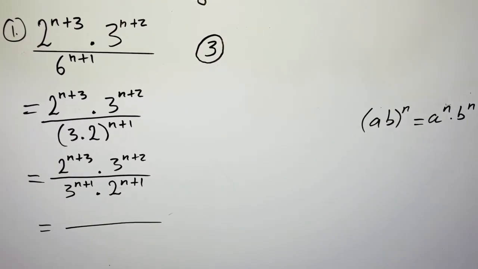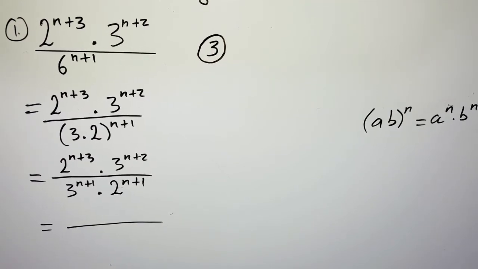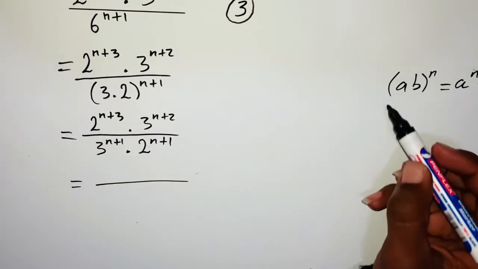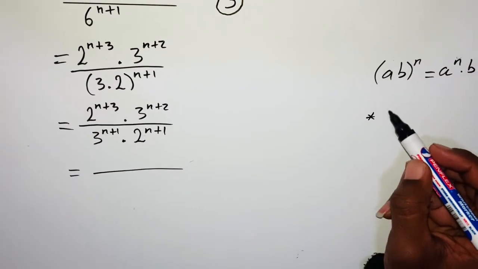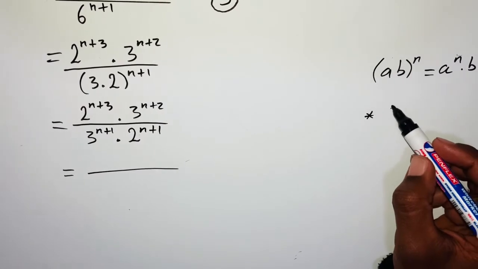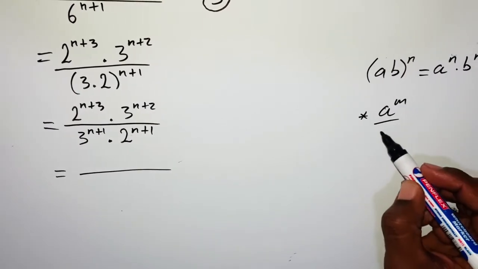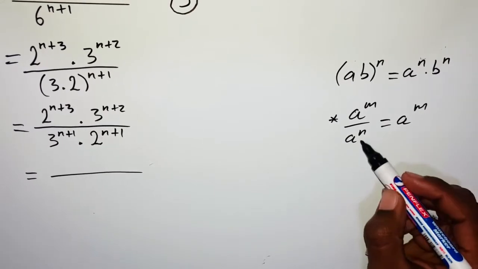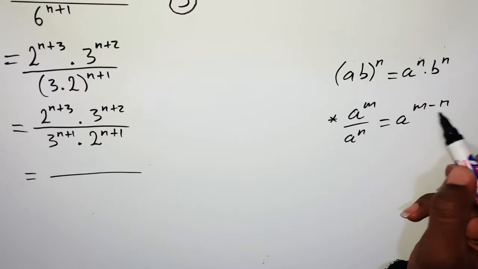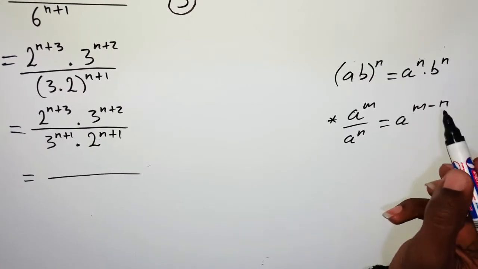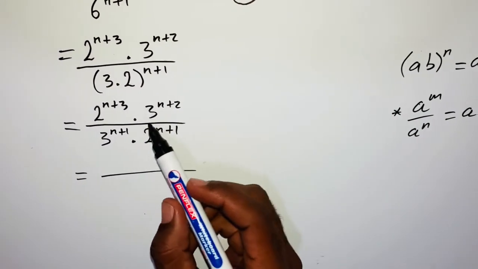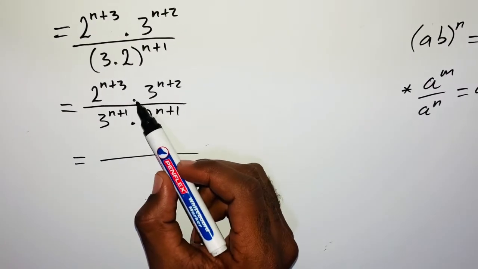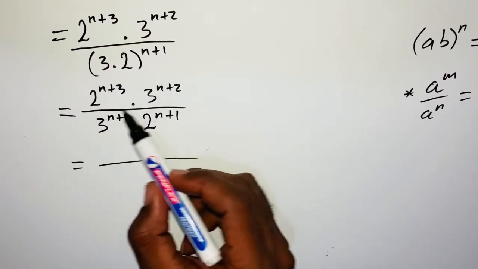Our next step, we can use our law that states that if you are dividing things of the same base, a to the m and a to the n, you'll have to subtract their exponents. You take one base and subtract their exponents. Now, in this instance, we have 2 to the n plus 3 and 3 to the n plus 2, and we have a 2 on this side as well.